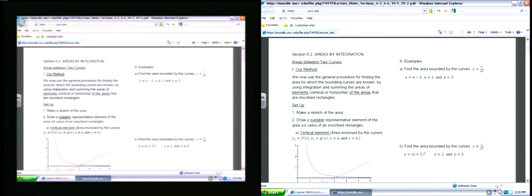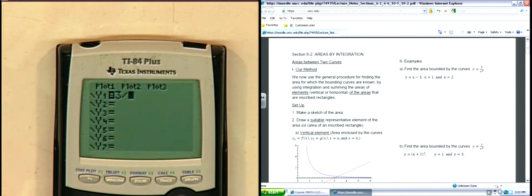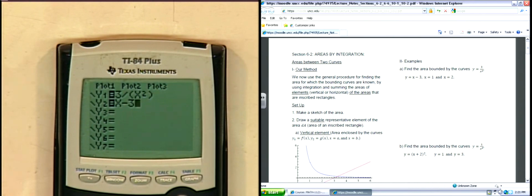First, we'll start out by graphing the two functions. Y equals 3 divided by x squared and y equals x minus 3. Graph.